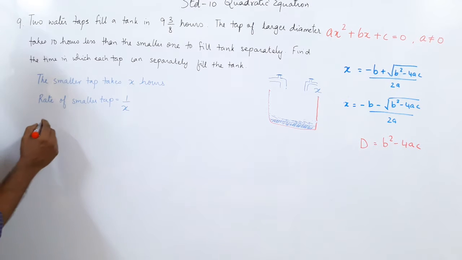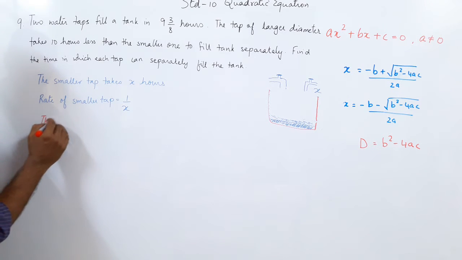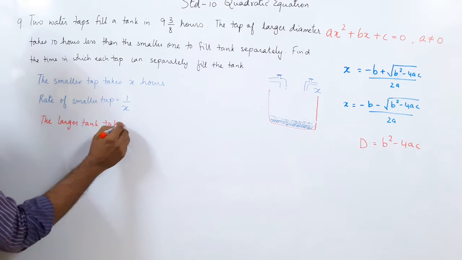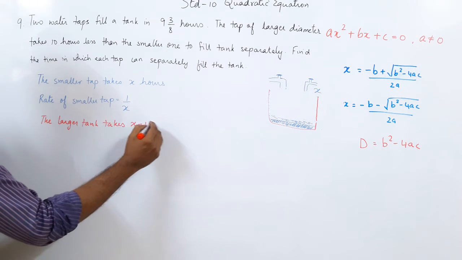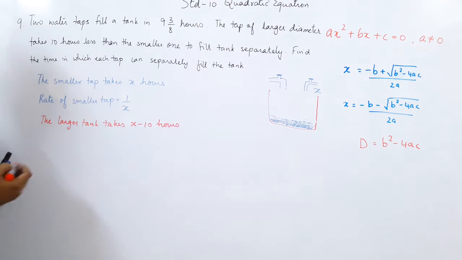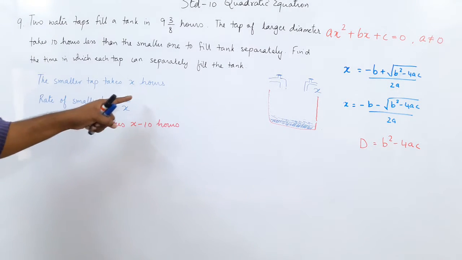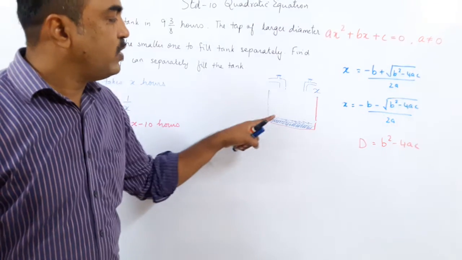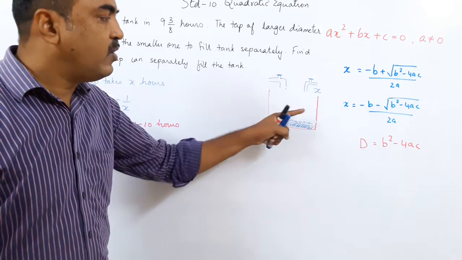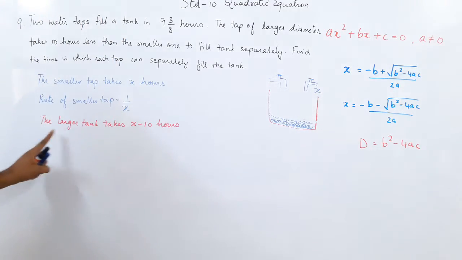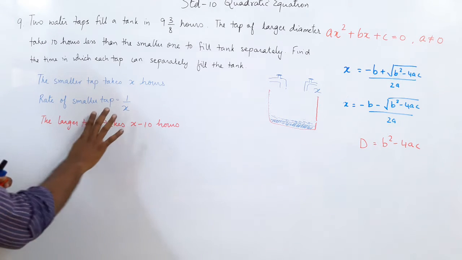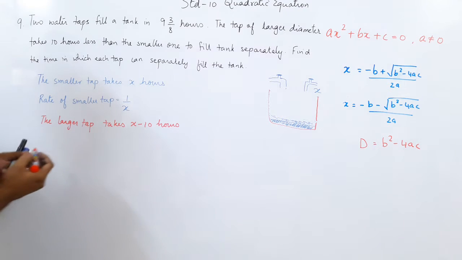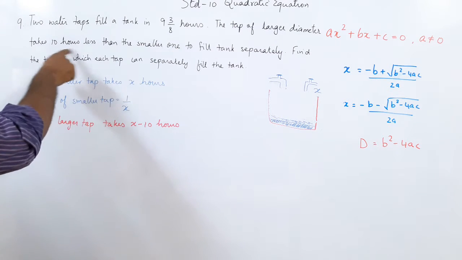Now, the larger tap will take how much? The larger tap takes 10 hours less. So x minus 10 hours. The smaller tap takes x hours, so the rate of the smaller tap is 1 by x, means if it takes x hours to fill the whole tank, then in 1 hour it will only fill 1 by x of the tank. The larger tap takes x minus 10 hours because they have mentioned 10 hours less.